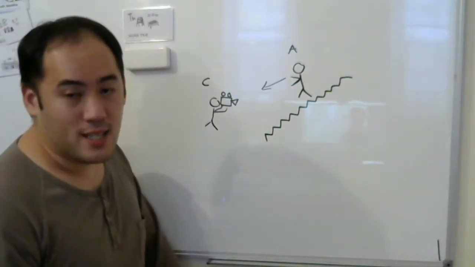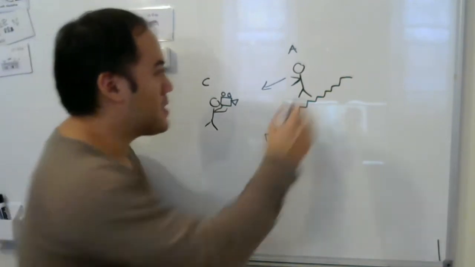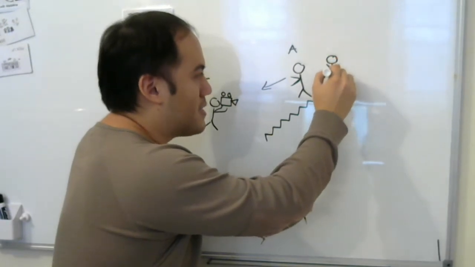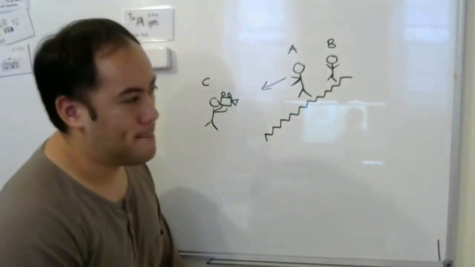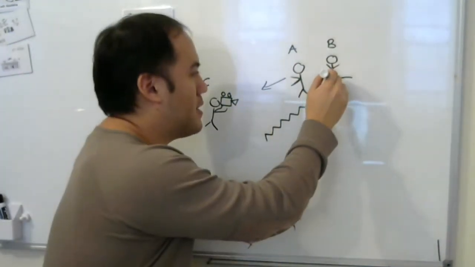And finally, let's pretend there's an invisible person B right behind person A who's standing still. Person B, because they weren't really there, but they were not moving.